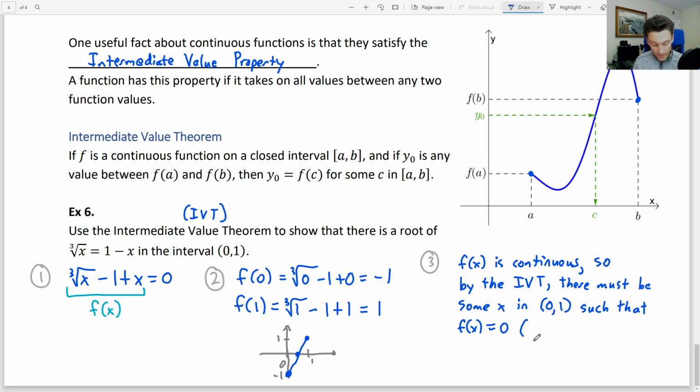This is what the intermediate value theorem would say. There has to be some x value inside the interval from 0 to 1, so that's like our a and our b in this case, such that f of x is equal to 0. That's the y value, that's the y naught that we wanted, was 0.